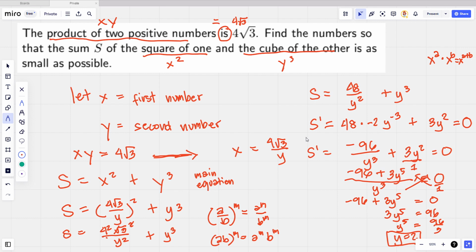Since we were asked to find the two numbers, we also need to solve for x.